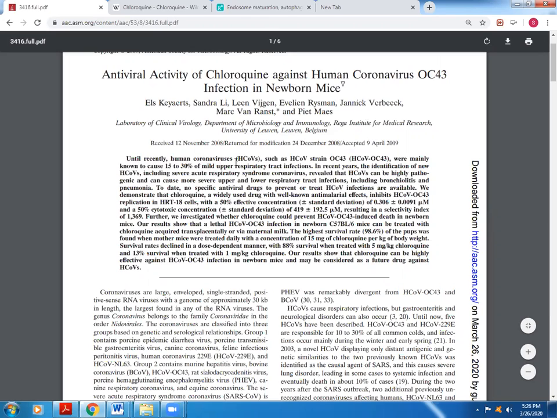It says until recently, human coronaviruses, H-CoVs, were mainly known to cause 15 to 30% of mild upper respiratory tract infection. In recent years, identification of new H-CoV, including severe acute respiratory syndrome coronavirus, revealed that it can be highly pathogenic and can cause more severe upper and lower respiratory tract infection, which is what we're seeing right now in the world.